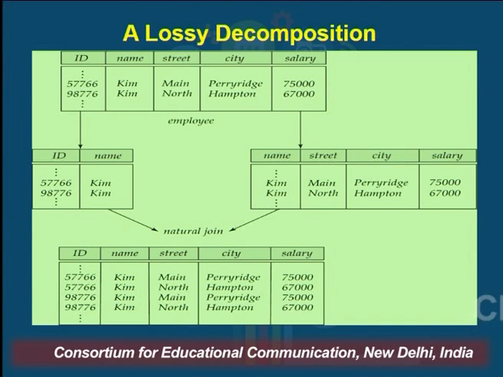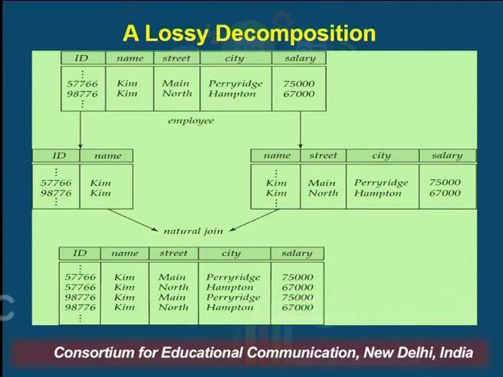For example, the first row is fine, where Kim has ID 57766, street as Main, city as Pittsfield, and the salary is 75,000.